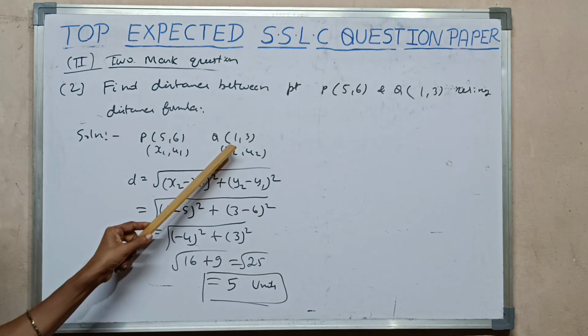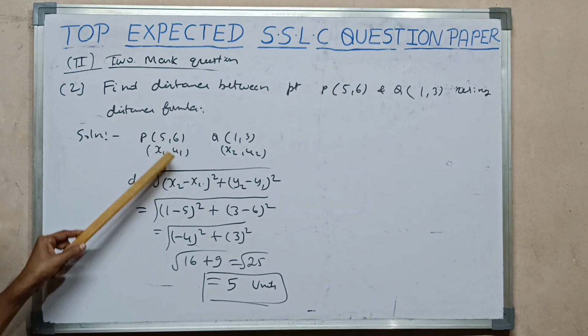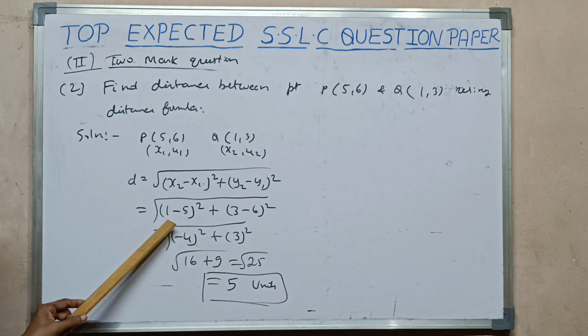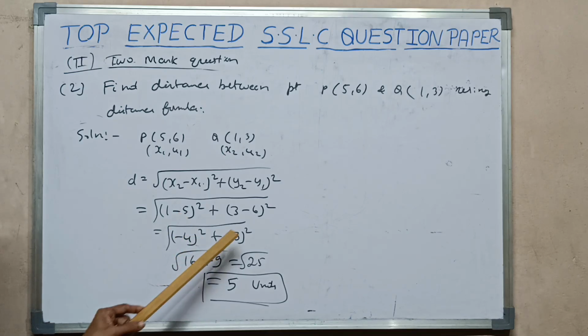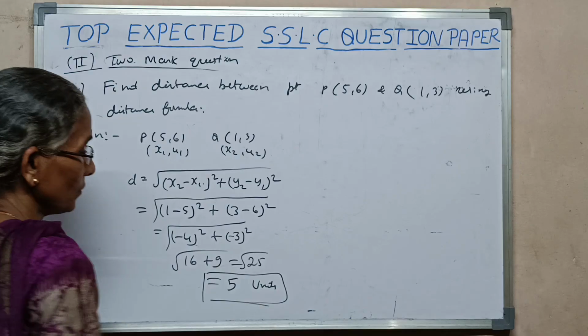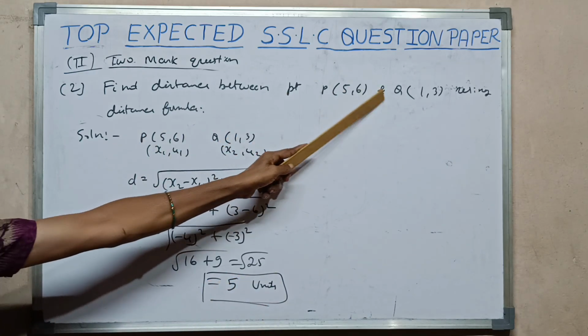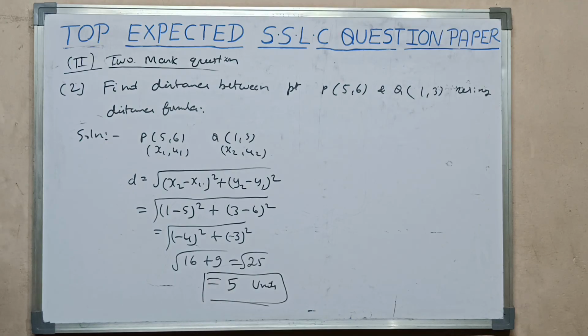So 1 minus 5 whole square plus 3 minus 6 whole square. 1 minus 5 is minus 4, 3 minus 6 is minus 3. Minus 4 square is 16, 3 square is 9, 16 plus 9 is 25. So the square root of 25 is 5. So the distance between points P and Q is 5 units.